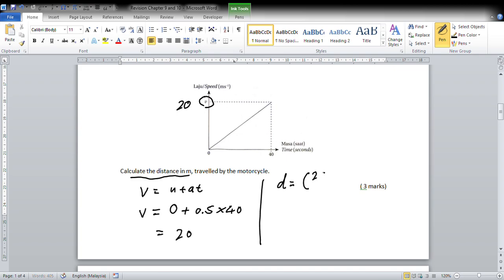Average speed is 20 plus 0, divided by 2. Average speed times the time taken, 40 seconds, so you will have the answer 400 meters.